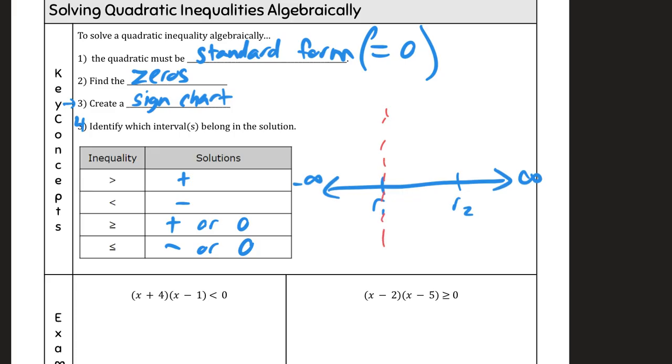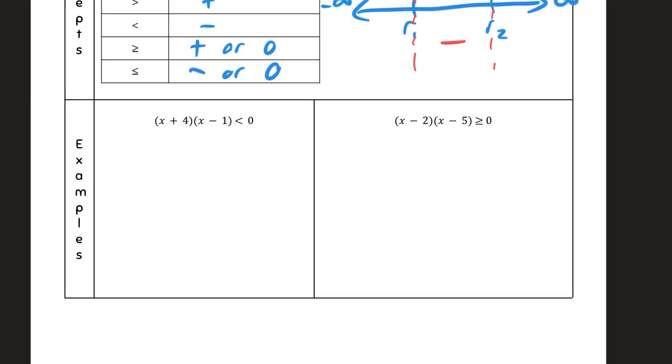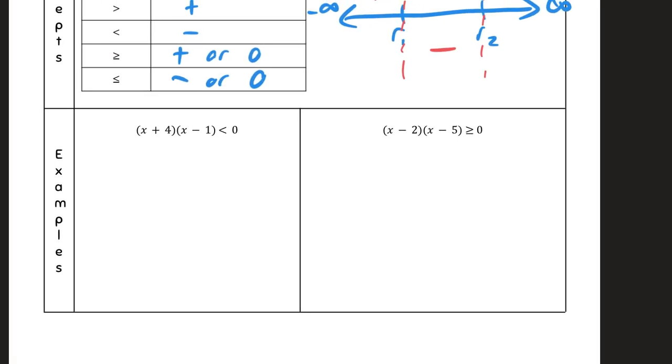So you pick any number that's in between -infinity and root 1. Determine what the sign is, and we'll just say this ends up being positive, this ends up being negative, this ends up being positive. Right? And then once you have a sign chart, you've checked a number in each interval, then you can determine what the solution is.